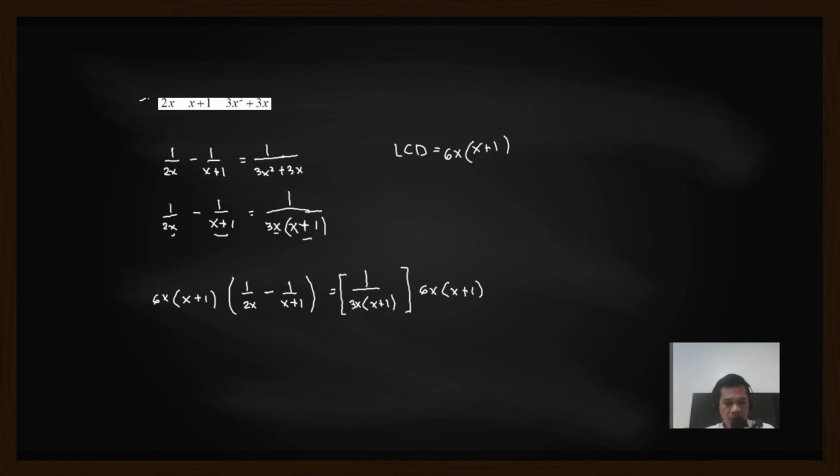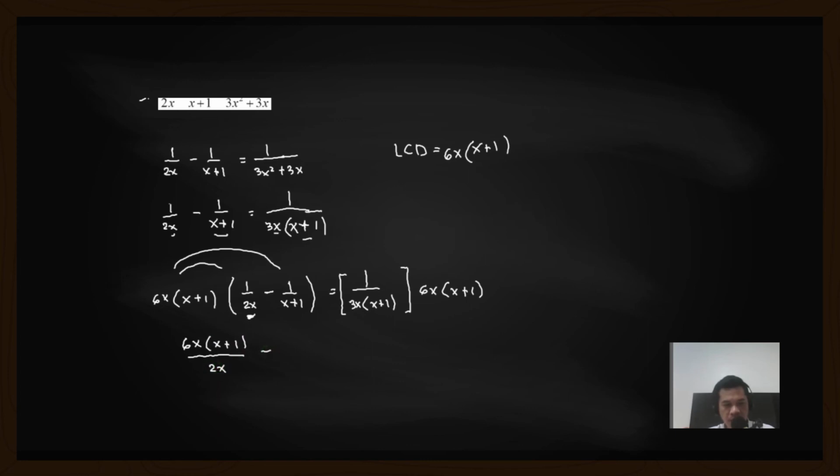Okay, now to simplify this one, okay, we distribute this LCD to each of the term. So when we distribute, we multiply. Okay, step by step natin para mas maintindihan talaga. Okay, so pag i-multiply natin ito dito, we multiply it to the numerator. So 6x times x plus 1 over 2x.